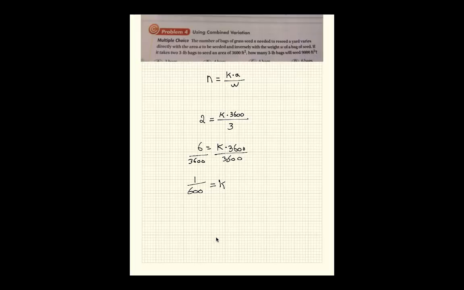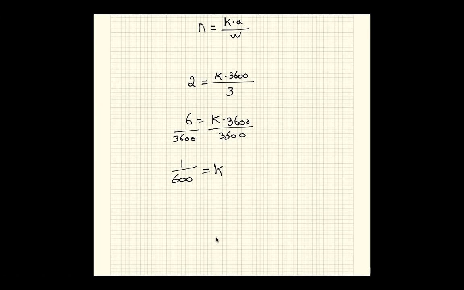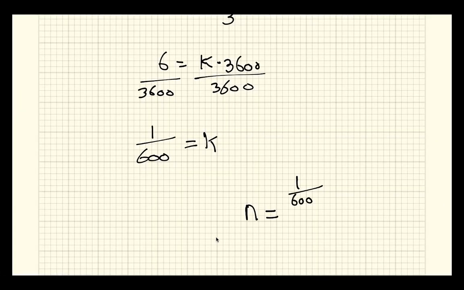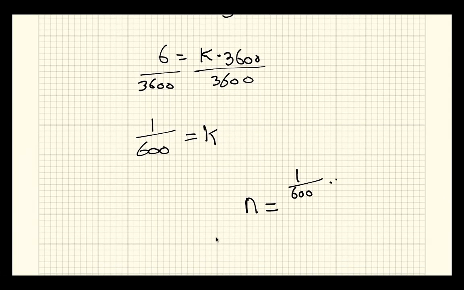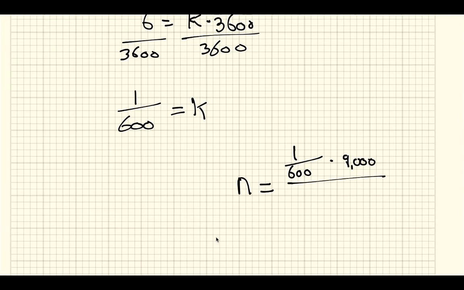If we are trying to find how many 3-pound bags will seed 9,000 feet squared, we should have, looking for N, how many bags will seed, we have 1/600th times, what was the area? 9,000. And it was 3-pound bags, so divided by 3.